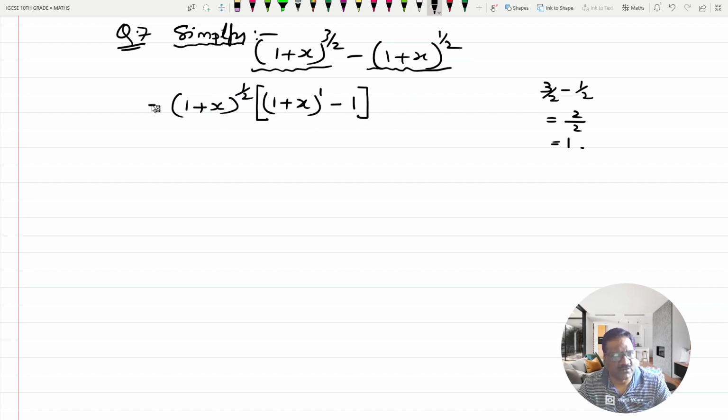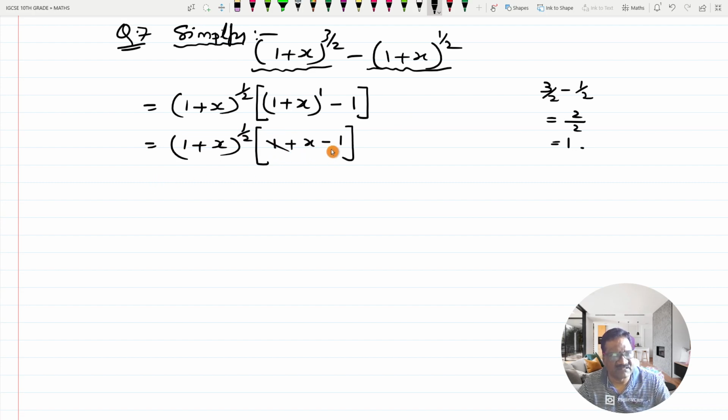If you want to cross check it, just try to multiply out these two. This into this minus this into this, see whether you are getting the previous step. You should get the previous step. Now let us further go and write this as 1 plus x raised to a half, and now let us open this bracket. So it will be 1 plus x minus 1, right?